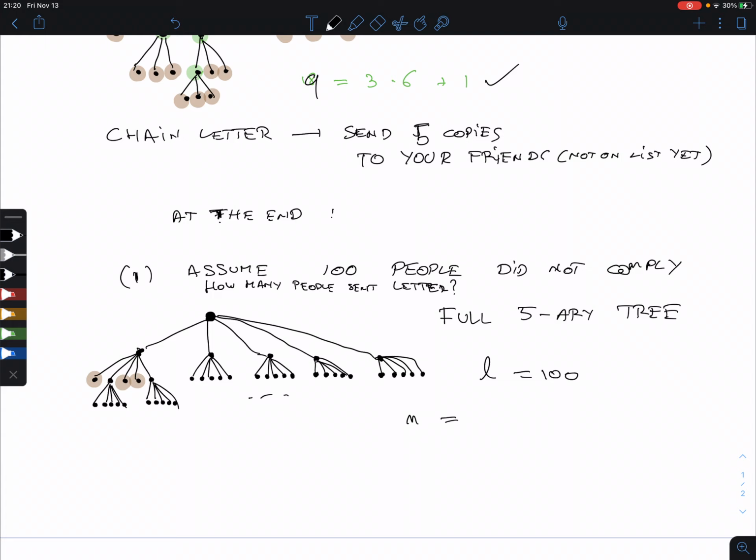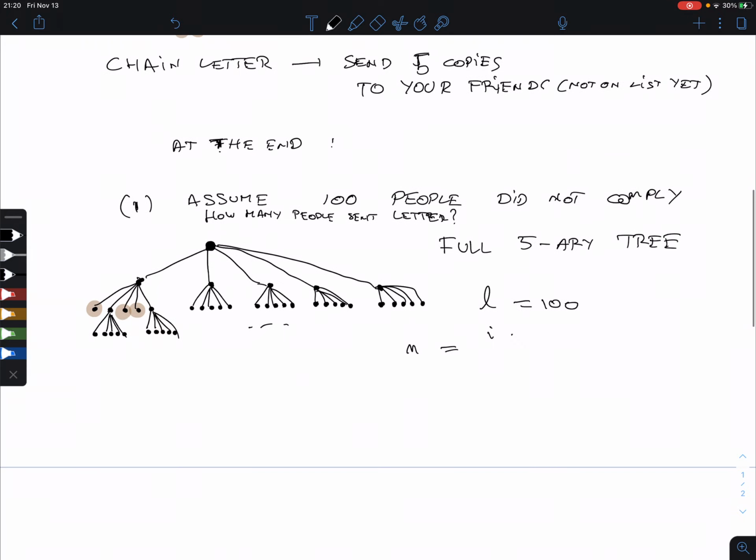These are exactly the non-leaves, okay? So the question is, L is 100, what is I? We don't know what I is. The internal ones are exactly those that sent a letter. So the question is asking how many people are internal, because internal means that you have children, means that you have sent a letter.